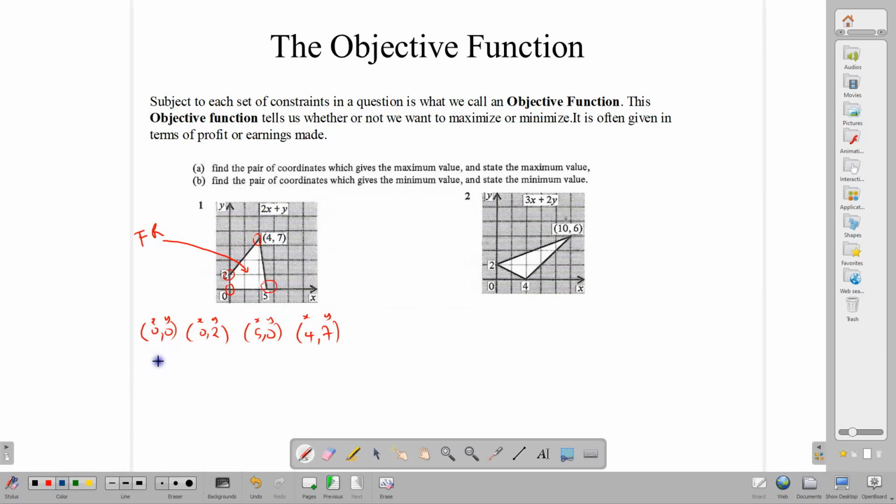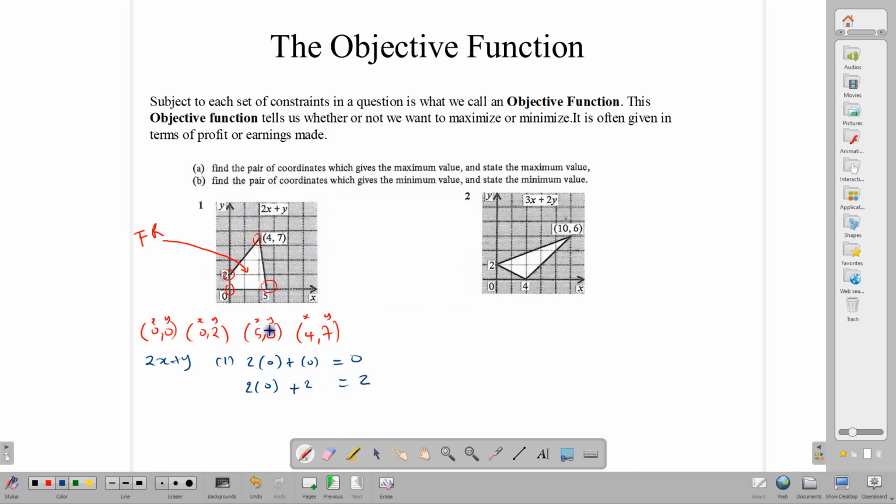So we have 2x plus y, and we're going to substitute the values. In the first case, we have 2 times 0 plus 0, which gives us 0. In the second instance, we have 2 times 0 plus 2, which gives us 2.